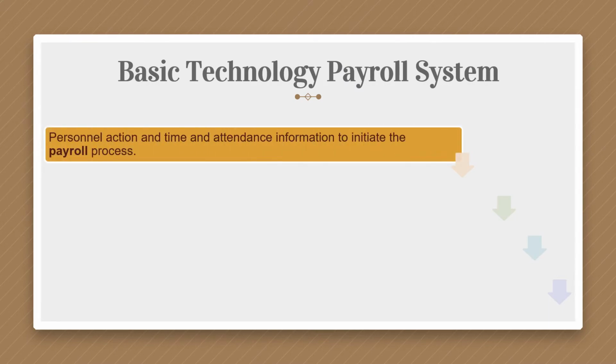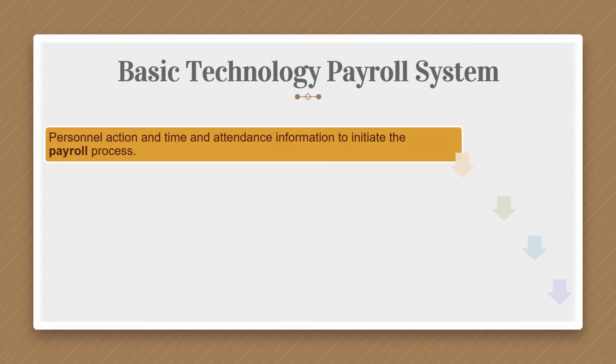The activities start with personnel action and time and attendance information to initiate the payroll process. As we discussed in the conceptual system, this also includes any change in the salary rate and so on.